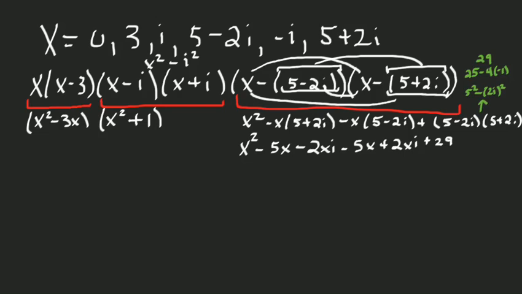Everybody with me so far? Now the next step, really easy. Let's collect like terms and simplify. So what do you notice about, well, yesterday I told you something will always happen at this stage. What do I lose? I lose the imaginary pieces.